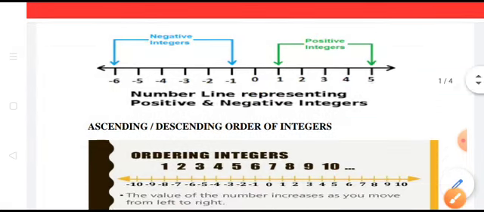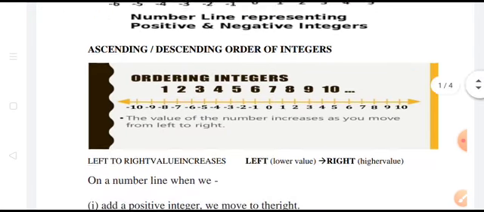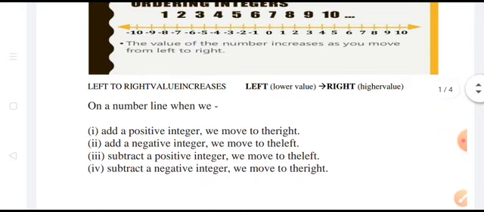So now you know what the number line is. A number line consists of whole numbers, positive integers, negative integers, and natural numbers. On the left side we have the lower values and on the right side we have the higher values.